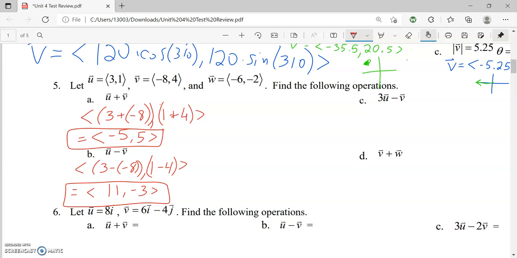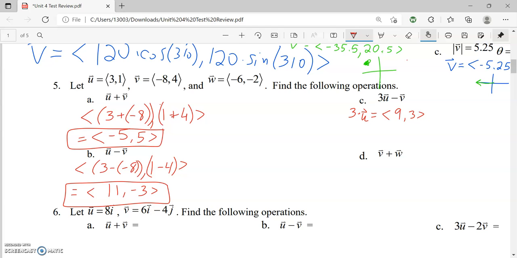Part C is a little bit different just because we have to find what 3 times the vector u equals. We're just going to multiply that constant out front by the two components. So 3 times u is really 3 times 3 and 3 times 1. So that's 9, comma 3. So 3u is 9, comma 3.